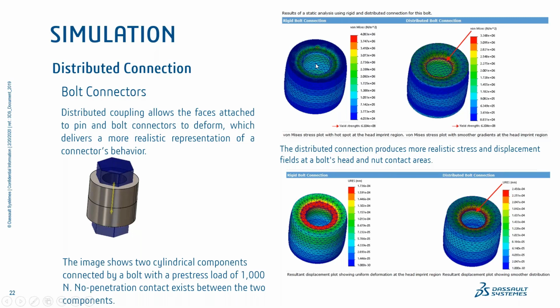When you compare with the earlier rigid bolt connections, with the distributed bolt connection you can see that the distribution is much more uniform, and it is much more realistic than what we used to get in the earlier versions. So this is one of the good enhancements SolidWorks has implemented, and it will definitely help the user get more accurate results as well as a realistic distribution of the interaction between the bolt and the different components connected by it.